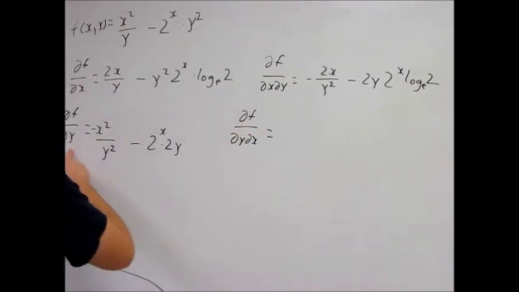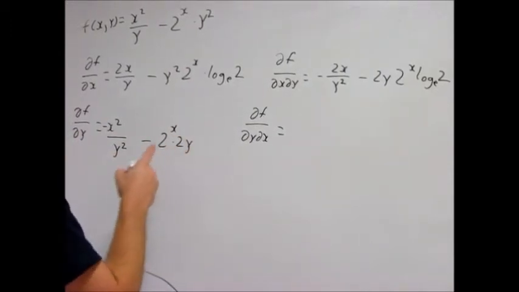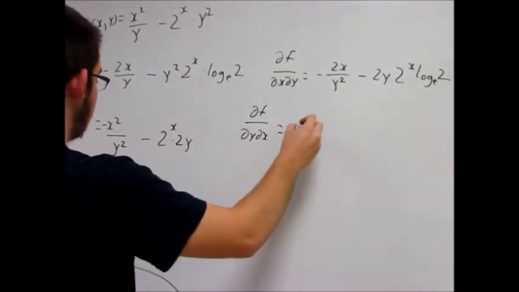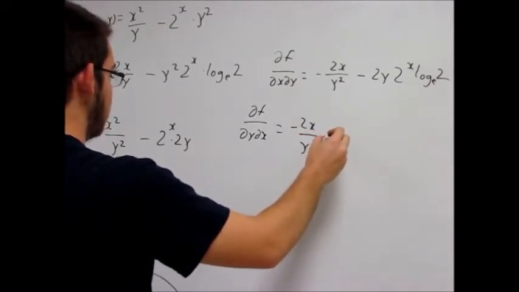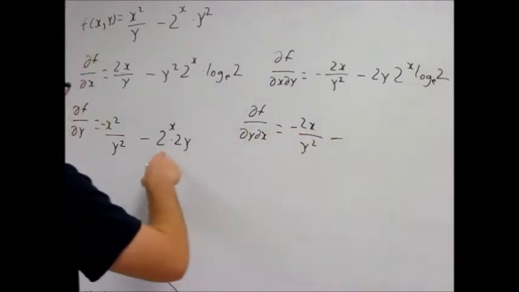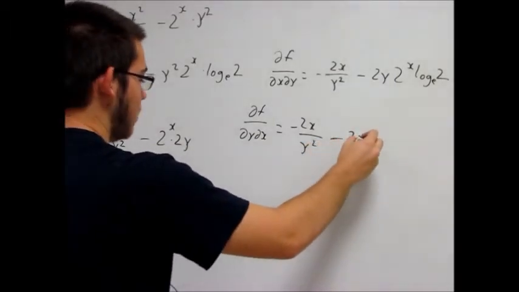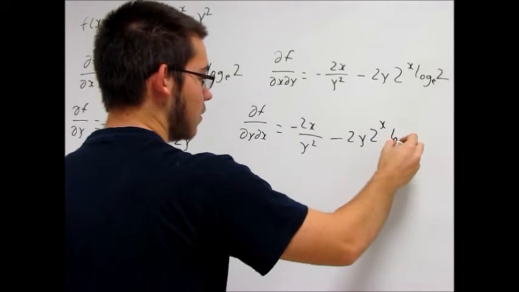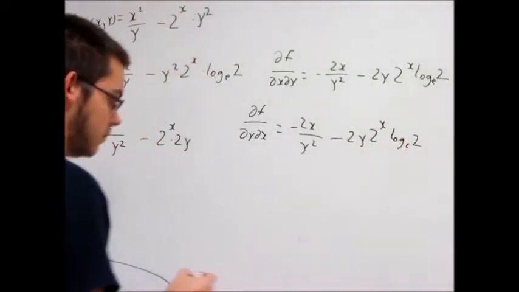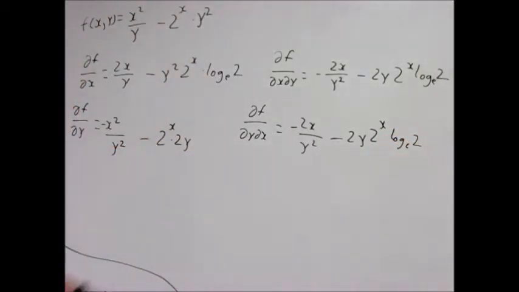Now if we take this one with respect to x, it becomes negative 2x over y squared, minus, well, the derivative, this is 2y, and 2 to the x becomes 2 to the x log 2. And once again, they are the same.